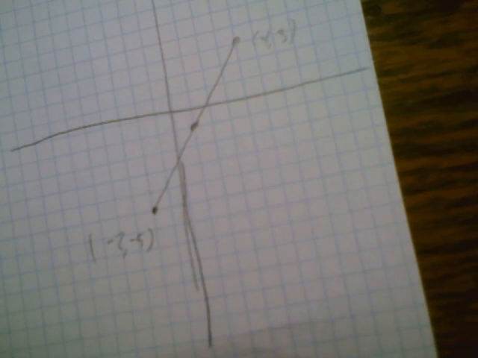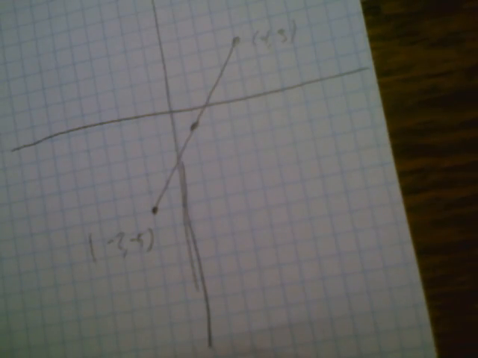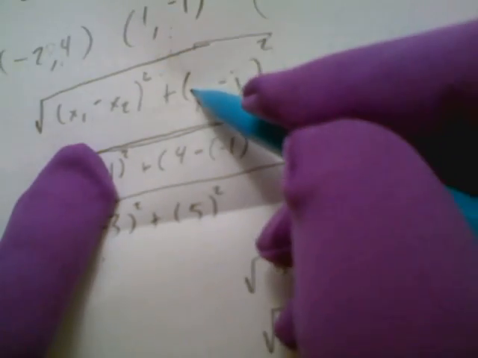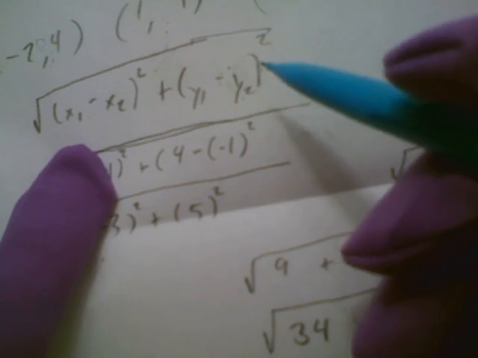Now, the distance formula is this formula right here: the square root of (x1 minus x2) squared plus (y1 minus y2) squared. Again, we're just plugging in and solving. We're going to use those same points, (4, 3) and (-2, -5).